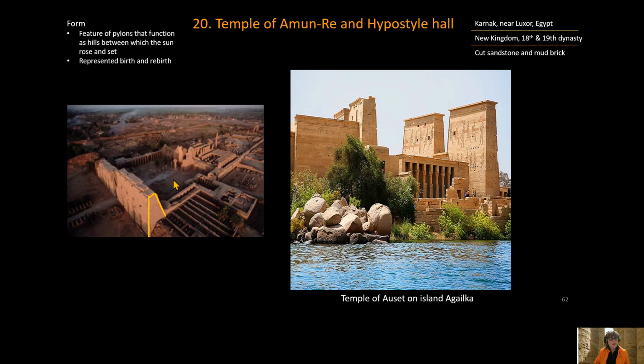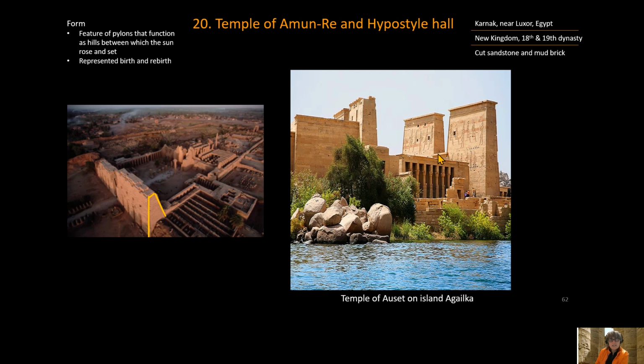Also, in terms of form, there are what are called pylons. This yellow line I've got outlines a pylon. They are massive walls, wider at the bottom, narrower at the top. This is not one of our pieces, but it has a great pylon as an example.